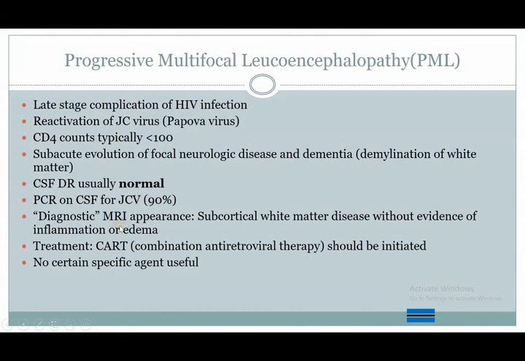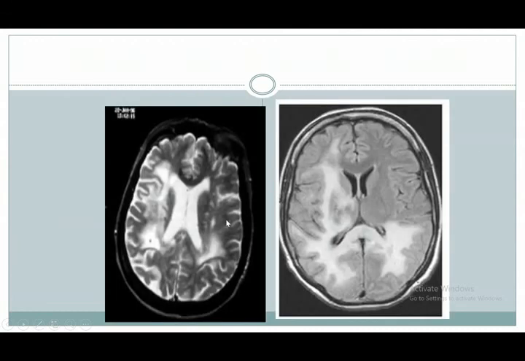CSF usually remains normal, but you may find CSF PCR positive for JC virus, with sensitivity of more than 90%. MRI is very diagnostic in case of progressive multifocal leukoencephalopathy, in which you will see subcortical white matter disease.